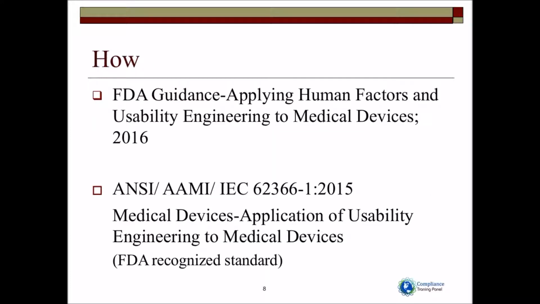The two controlling documents are the FDA guidance Applying Human Factors and Usability Engineering to Medical Devices, February 2016 to be exact. This is available on the FDA website for free. And then the ANSI IEC 62366, issued in 2015.